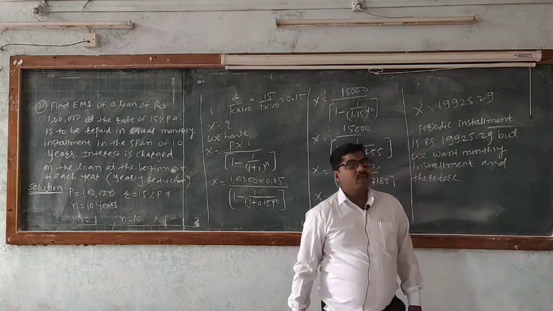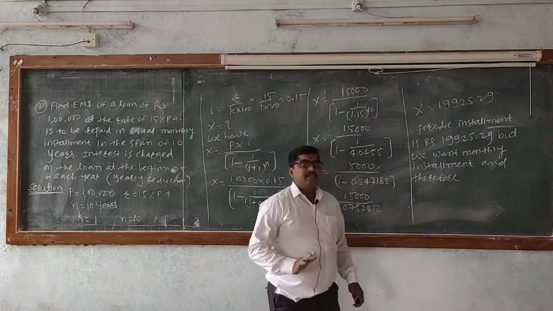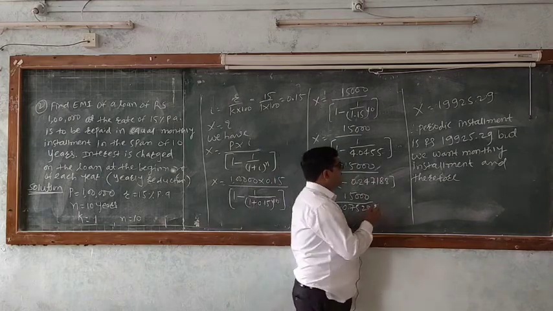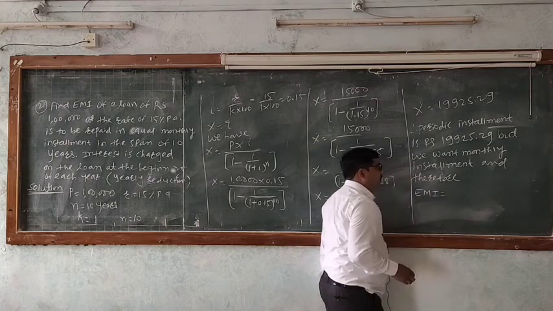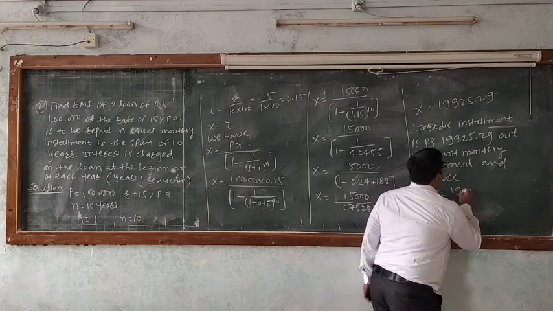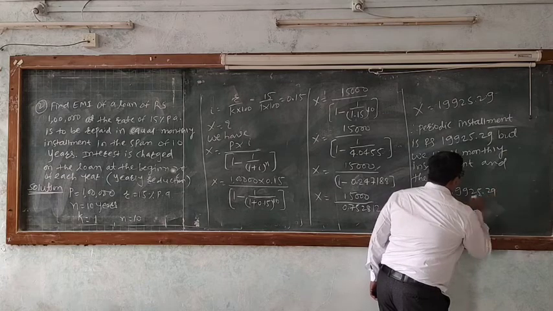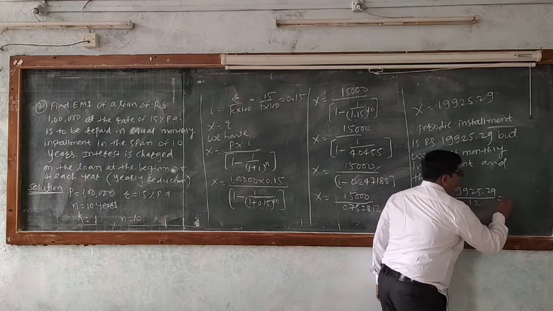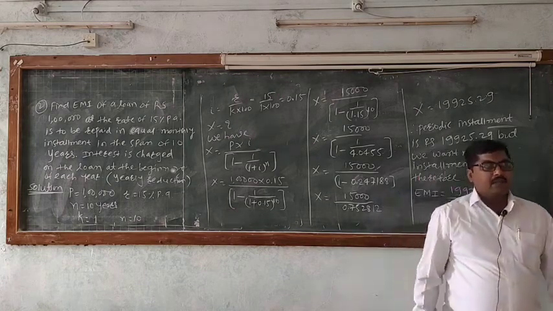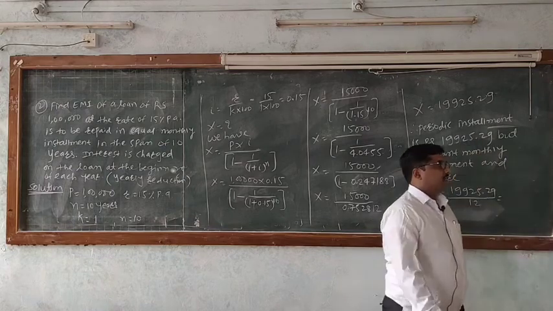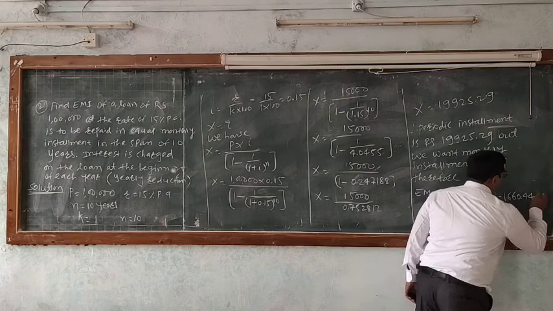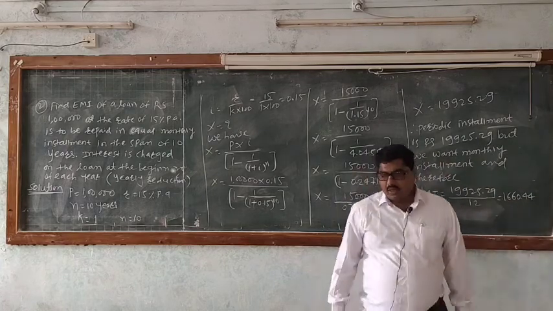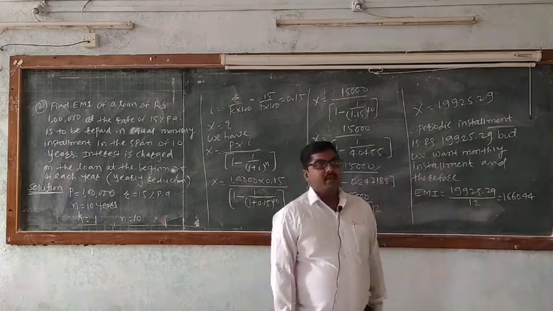So how will you calculate? Just divide by 12. So EMI equal to that amount upon 12. This can be written as 1660.44. This is your EMI.